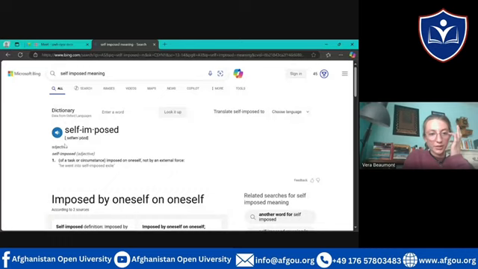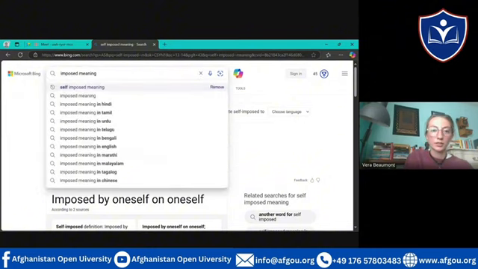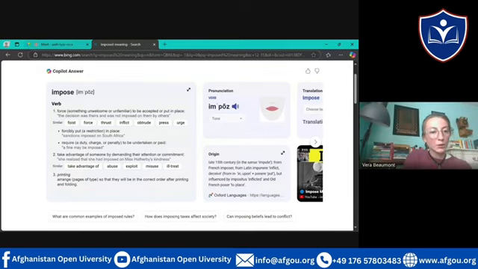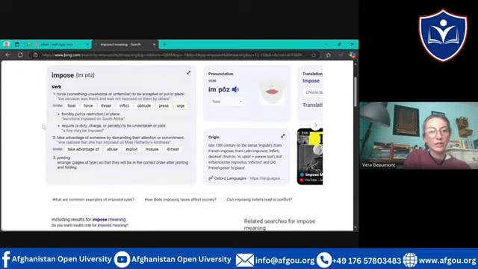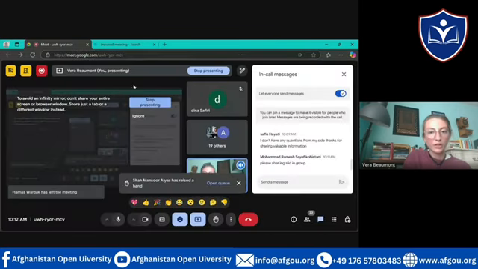Let's look at this definition here: a task or circumstance imposed on oneself, not by external force. So impose, if you look at that, to impose is to put force, to inflict, and these are very negative definitions. But it's to forcibly put restrictions on the self.